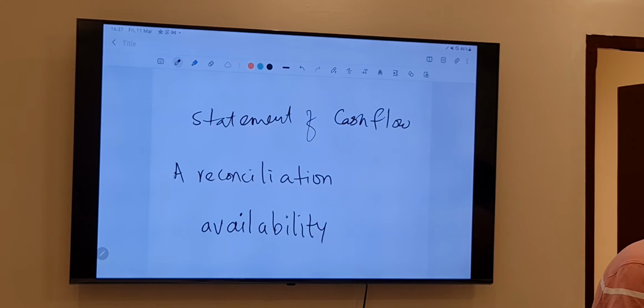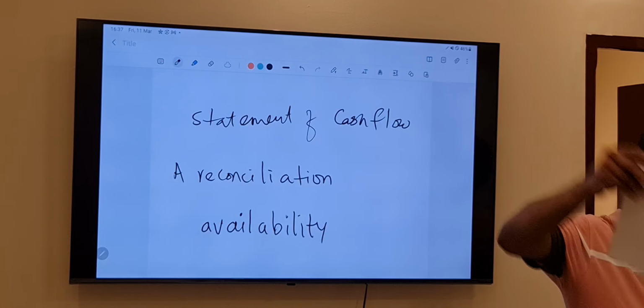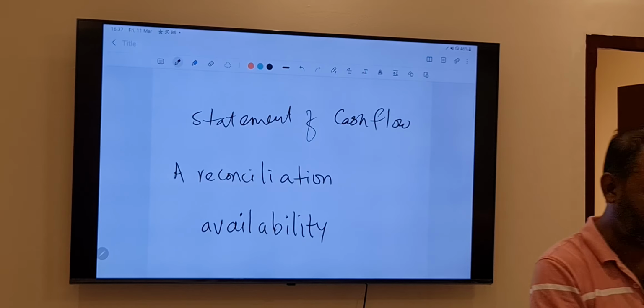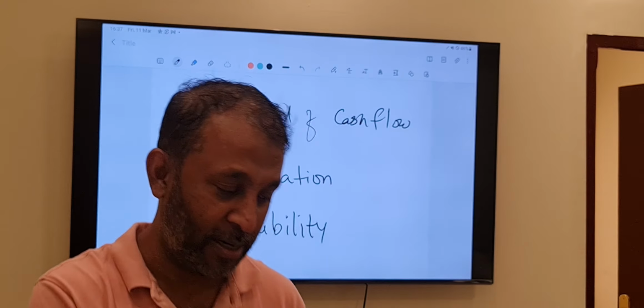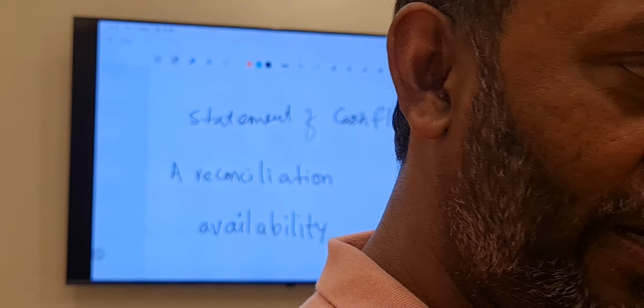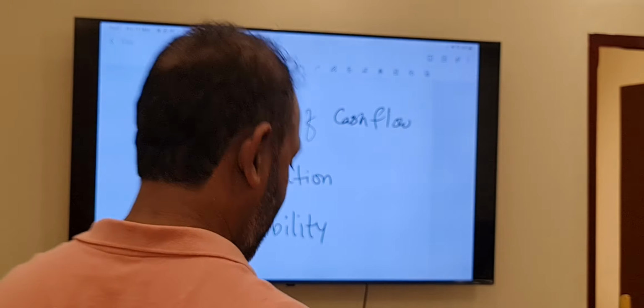Is this cash in hand or all cash? The cash of the business could be cash in hand or cash at bank. You make the profit and loss account and give it to the owner, and he will see there's a loss. Then you give the balance sheet.